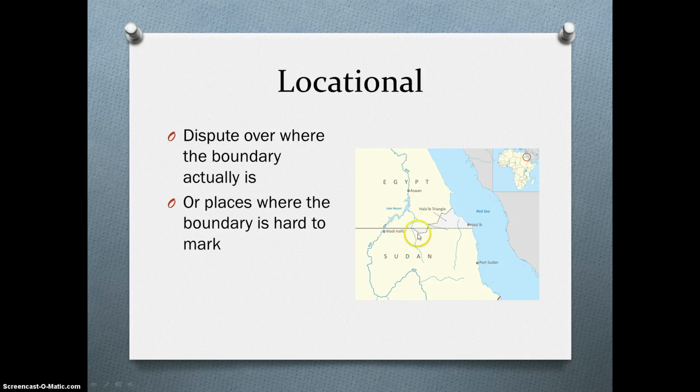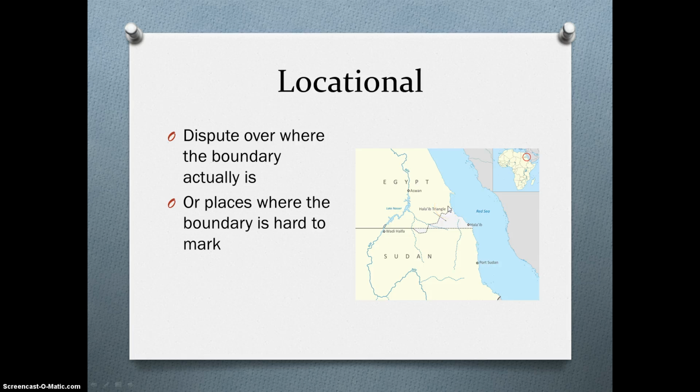So Sudan says that the boundary should be over here, while Egypt says the boundary should be over here. And this goes back to a dispute between France and the British, and them establishing the boundaries when they left. But basically, Sudan wants this to be the boundary, and Egypt wants this to be the boundary because they want this triangle.